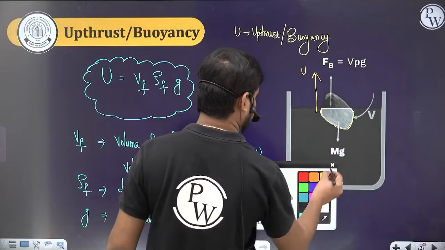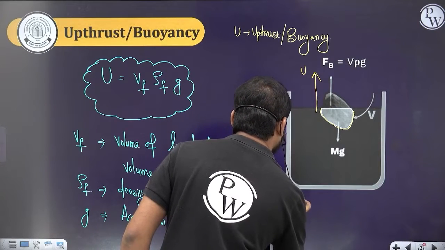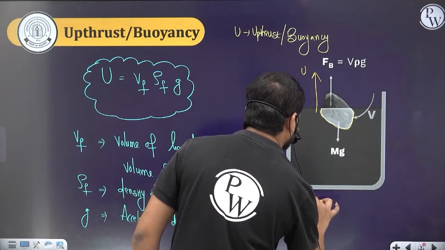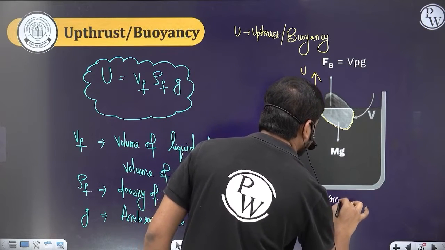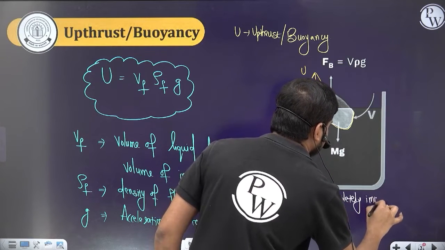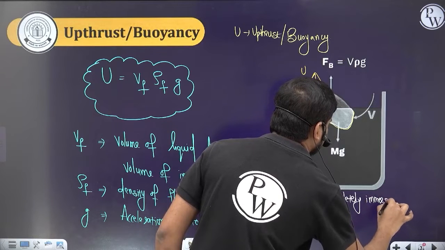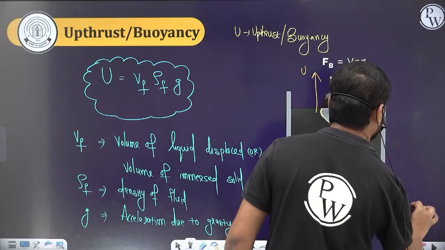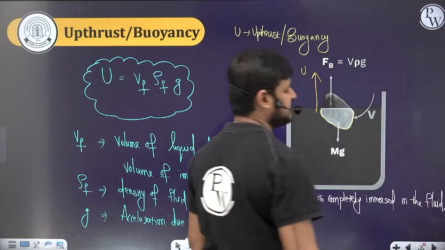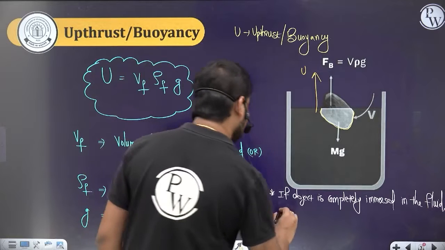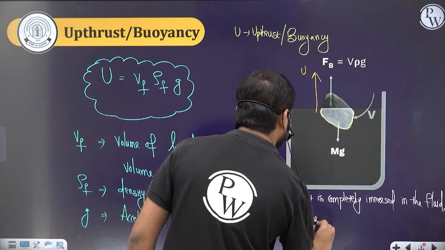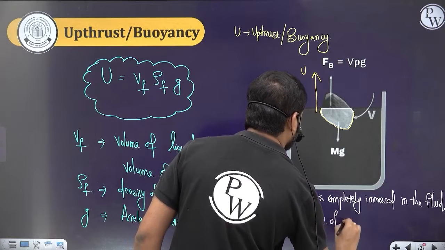So let me write here. If the object is completely immersed in the fluid, then volume of object is equal to volume of the fluid displaced.